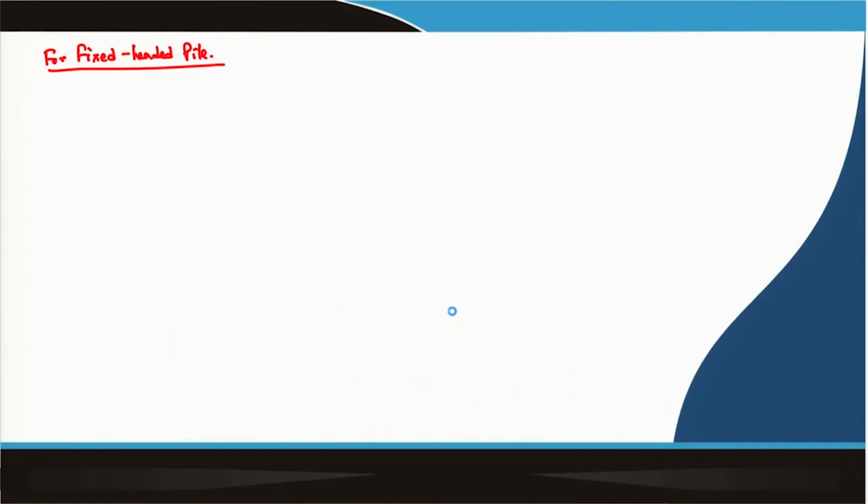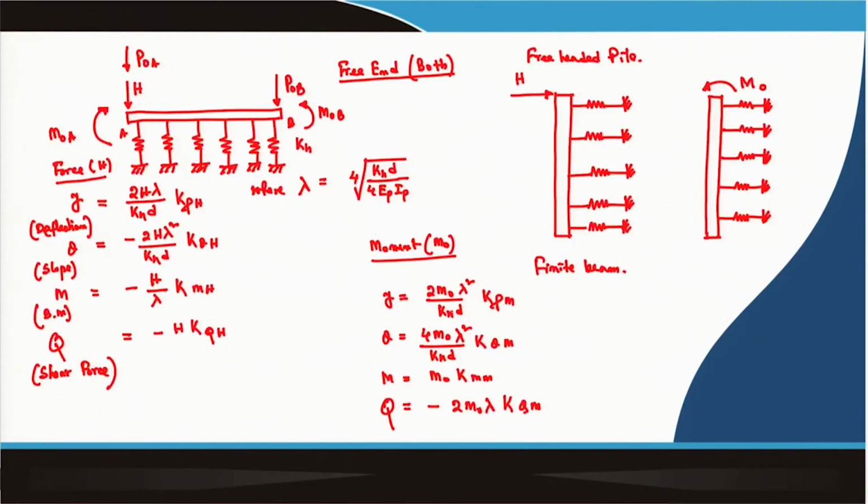For example, suppose we apply a horizontal force on a fixed headed pile. Because of the fixity of the head, a moment will be generated at the head of the pile. And for a fixed headed pile, since one end is fixed, what would be the slope? The slope will be 0.